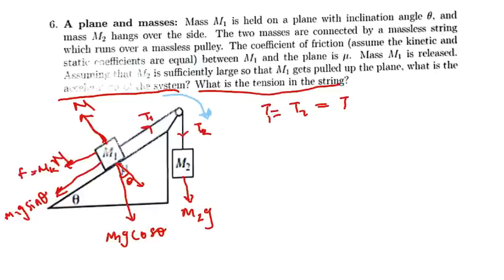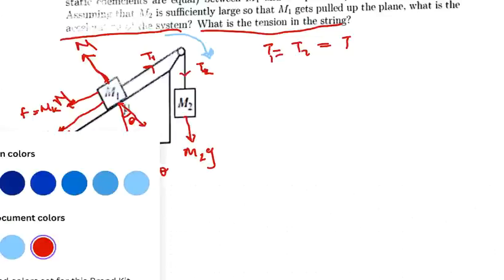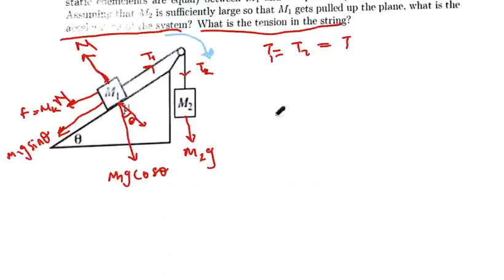So in this case, we have to solve. Analyzing the y direction, that's the vertical axis, we have that the normal N is equal to m1 g cos theta. Let's term this equation 1.